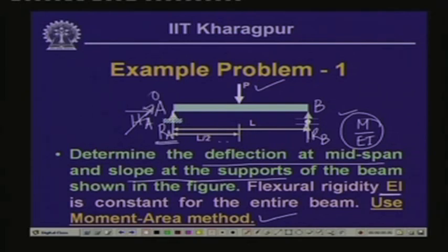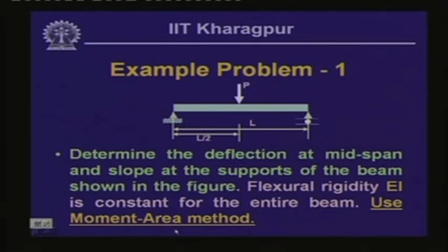So, we are left with only RA and RB, and if we compute the values, RA and RB will be equal to half the concentrated load which is acting, which is P by 2, and thereby if we take any section over here, then the moment will be equal to RA times x, and at L by 2 it will be PL by 4, and at these two support points it will be 0.